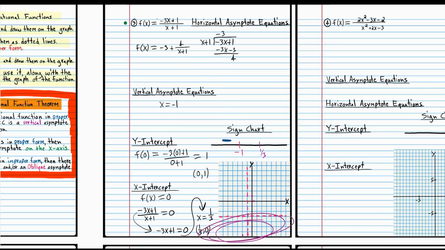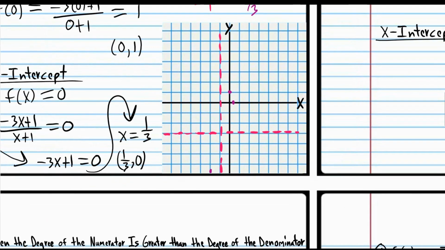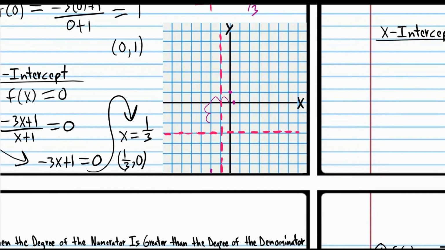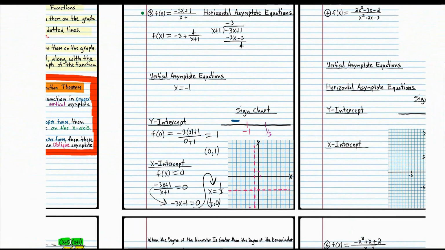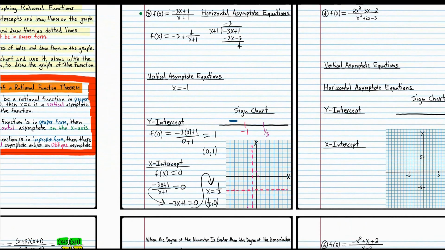That goes down here. 1, 2, 3, 4, 5, 6, 7. And let's plug in 0 to test this region here. And we get a positive number, +1. We already have that point graphed. Let's plug in +1 to test this region. And then we get a negative number, -1.